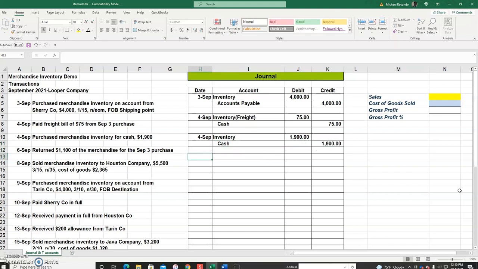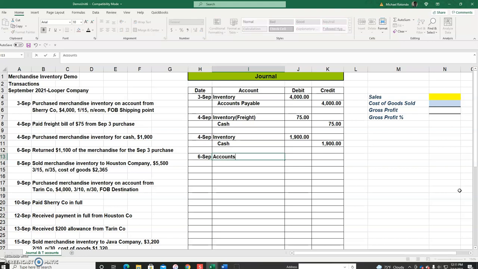Okay, so now we're on the 6th, and we returned $1,100 of the merchandise from the September 3rd purchase. So we don't know why, or for whatever reason. Maybe it was defective. We don't really know, based on the information we're given. But if we return it, we're not going to pay for it, right?